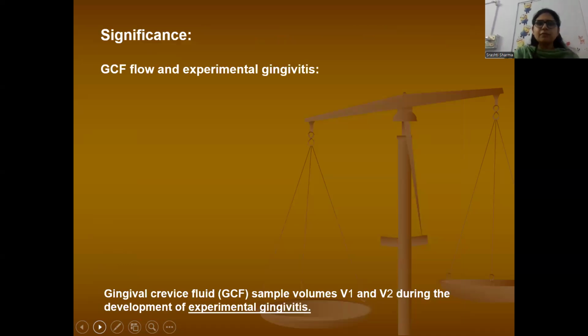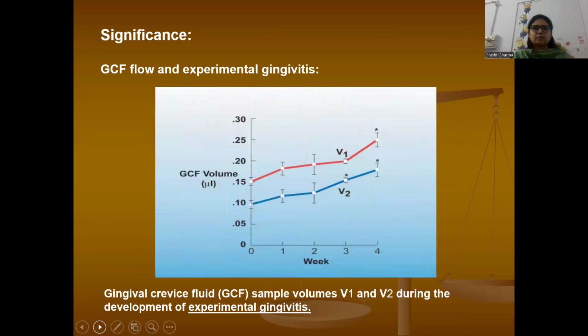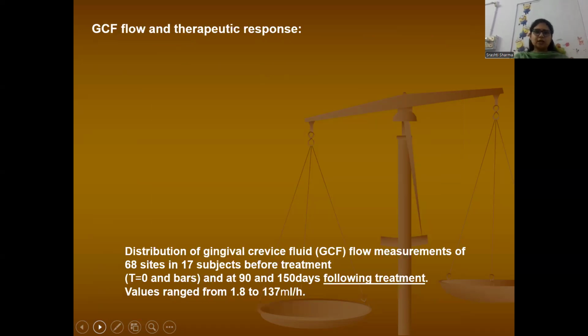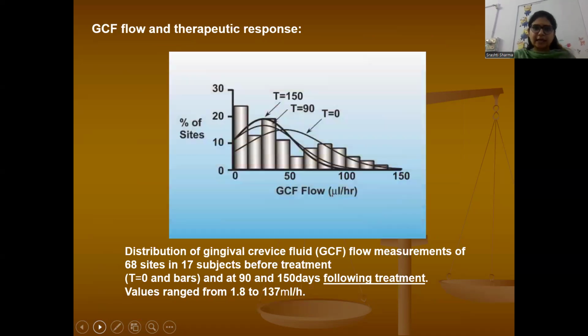Significance, GCF flow and experimental gingivitis. GCF sample volumes P1 and P2 during the development of experimental gingivitis. GCF flow and therapeutic response: distribution of GCF flow measurements of 68 sites in 17 subjects before treatment, at t equals 0, and at 90 and 150 days following treatment.